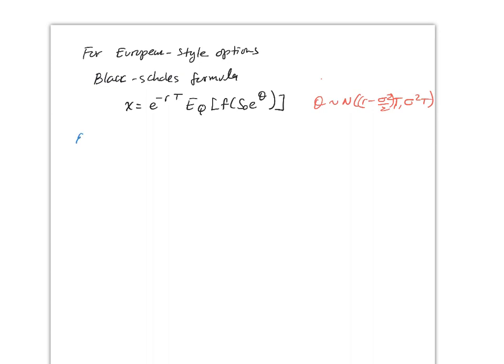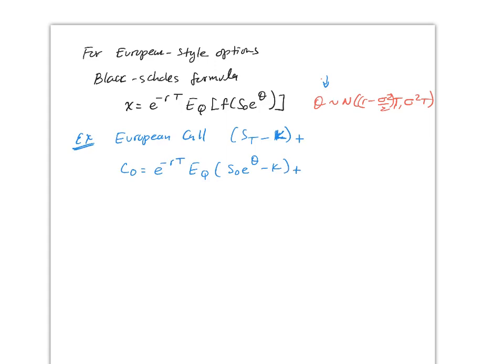Now, if we apply this to the basic European call, the payoff was (S_T minus K) plus. Then the price of the European call is going to be e to the minus r t, the expected value with respect to q of the payoff function, which will be (S0 e to the theta minus K) plus, where remember theta is this.